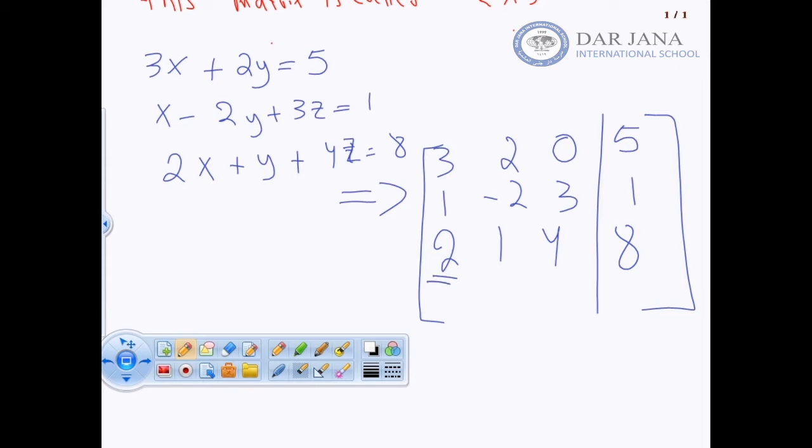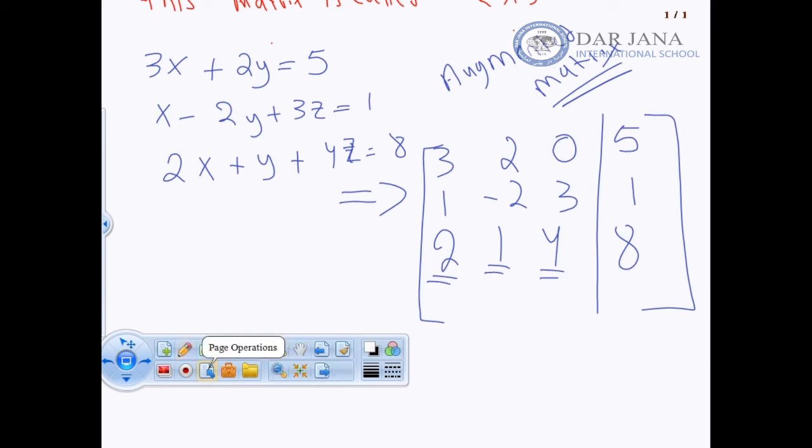In the last row, 2 is the coefficient of x, 1 is the coefficient of y, and 4 is the coefficient of z, and 8 is the constant term. This matrix is called an augmented matrix, and we are going to use augmented matrices throughout the lesson in solving systems of linear equations.